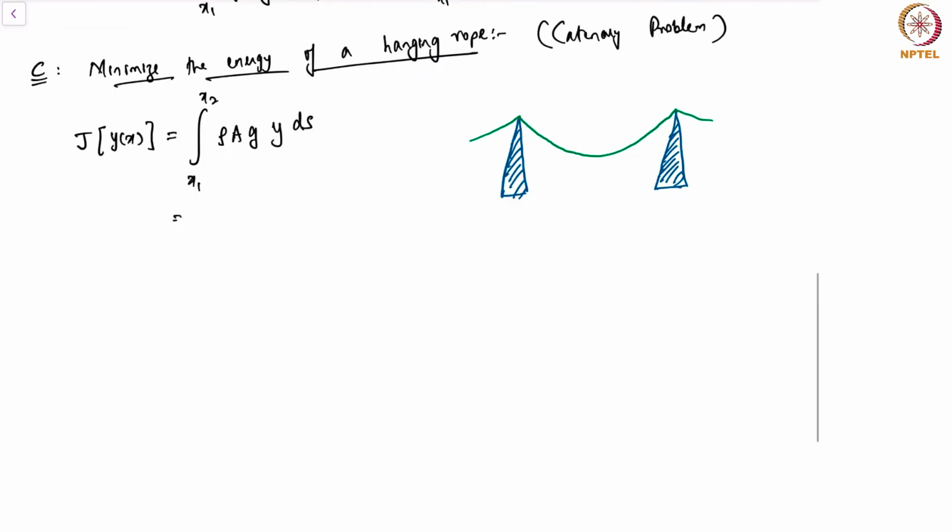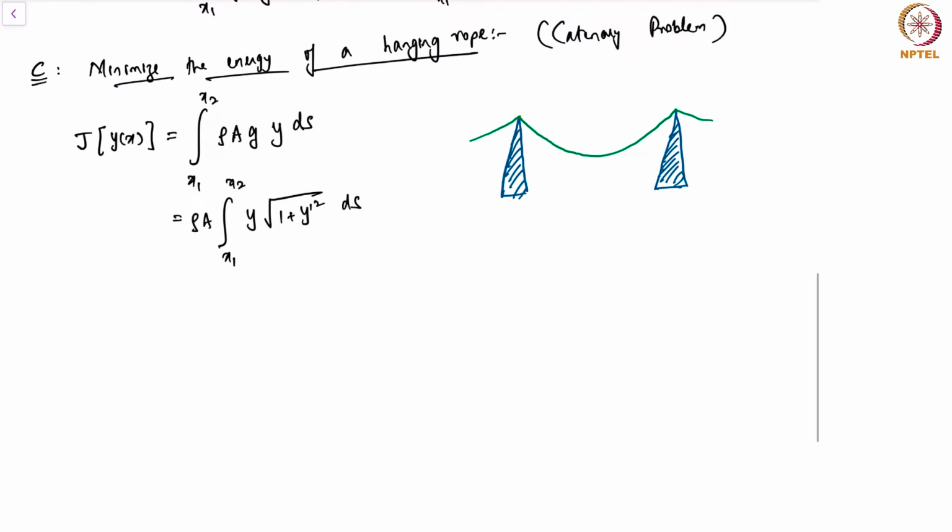So this is nothing but the integral from x1 to x2 of rho A g y times square root of 1 plus y prime square, ds.